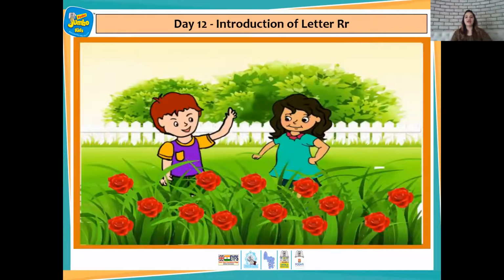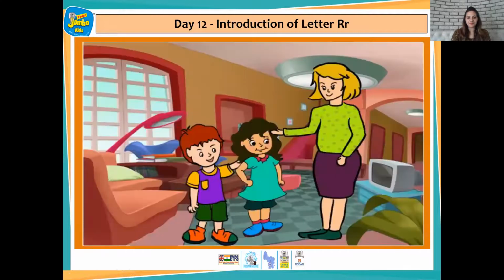And then they kept their rackets aside and started walking in the garden. When they started walking in the garden, they saw lovely rose flowers which were red in color. Yes, they saw red color rose flowers.